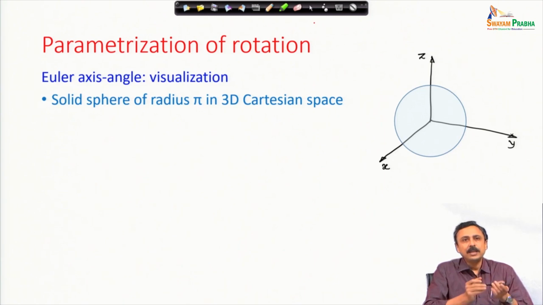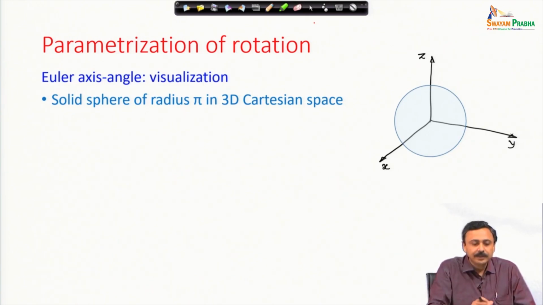Normally, we visualize the path of a particle or motion of a rigid body as the motion, let us say, of the center of mass and its rotation, but we do not have a very clear visualization of rotation. How do I understand these three angles? How do I visualize a path? This Euler axis angle theorem helps us to visualize this.